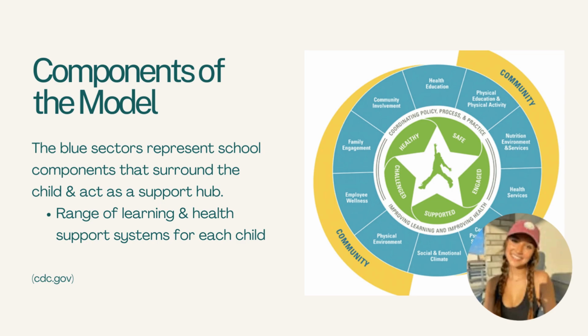These blue sectors represent the school components that surround the child and act as a support hub for the students. This also encompasses the range of learning and the health support systems for each child. So, in other words, these are the resources that are accessible to the children that play a role in their health education.